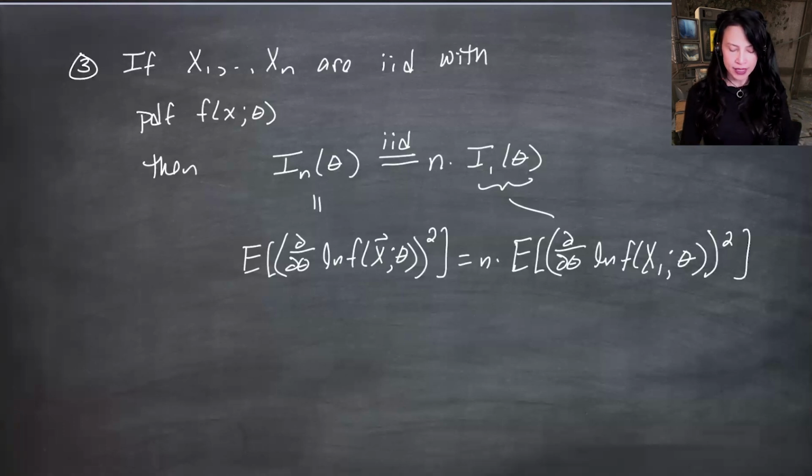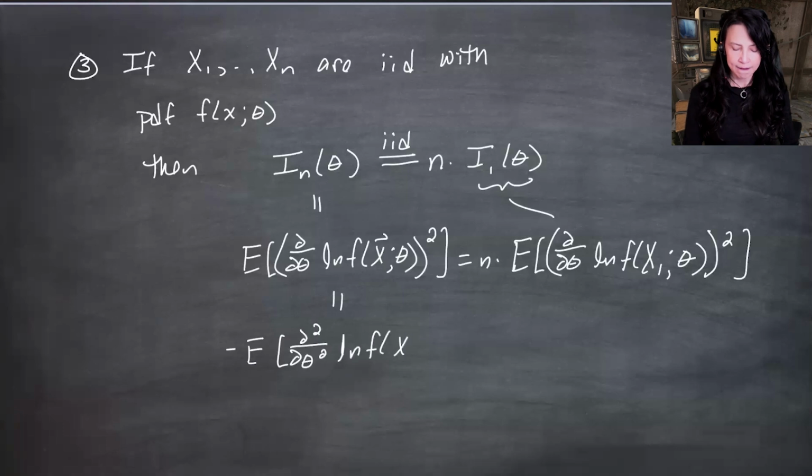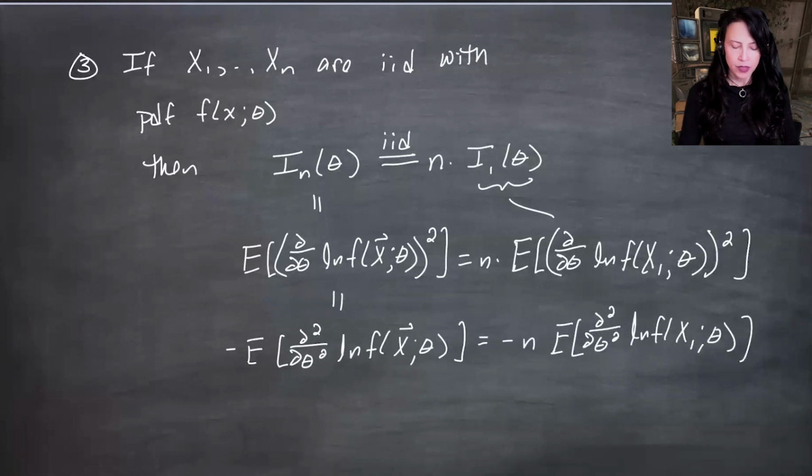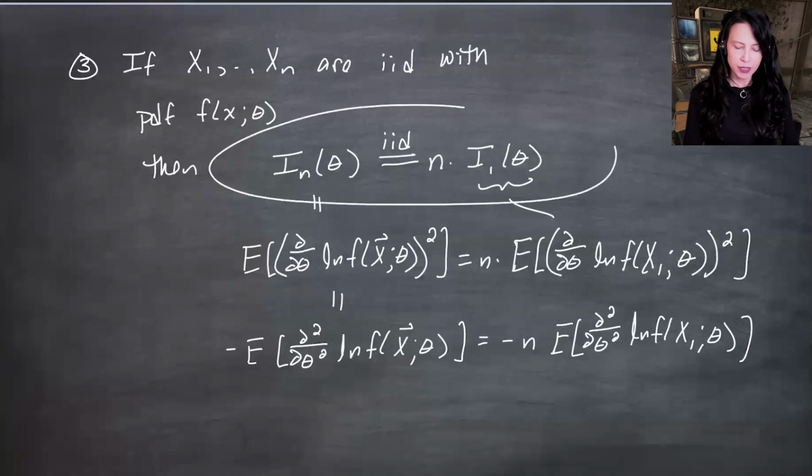And both of these could be rewritten in the second derivative notation, so you don't have to square anything before taking the expected value. So you might use simplification 2 and/or 3, in tandem or separately, but let's prove this.